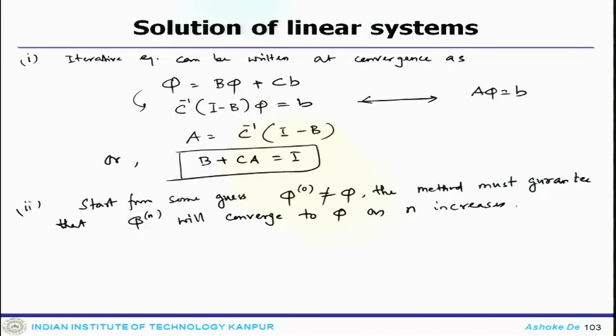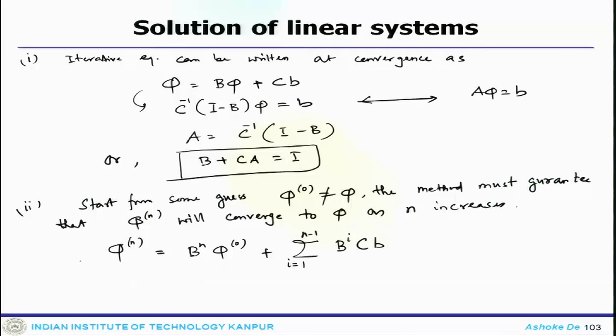Since phi^n can be expressed in terms of phi^0, one can write that phi^n equals B^n phi^0 plus the summation over i equals 0 to n minus 1 of B^i C b.